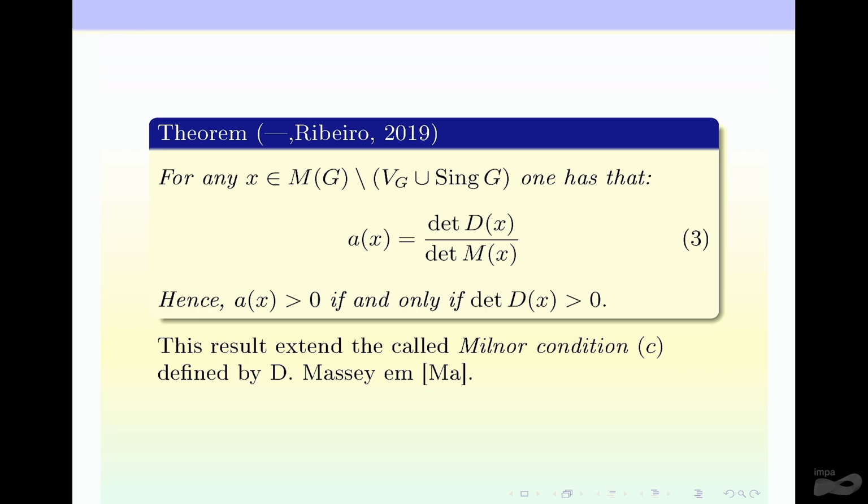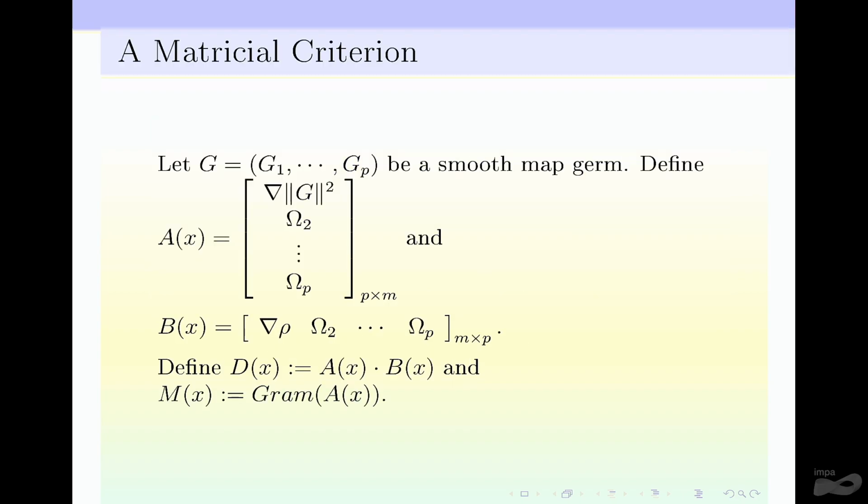Hence a(x) is positive if the determinant of D(x) is positive. So you can just check the determinant of this matrix to get that a(x) is positive.